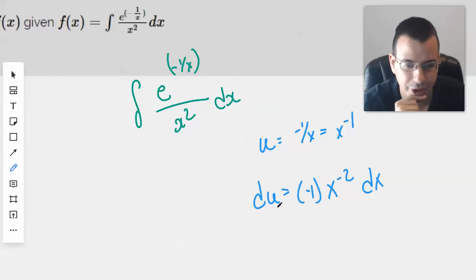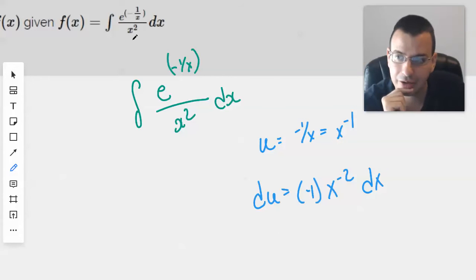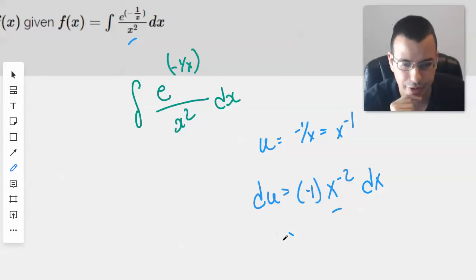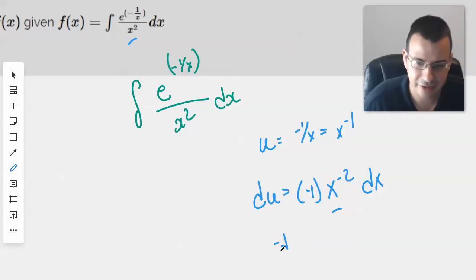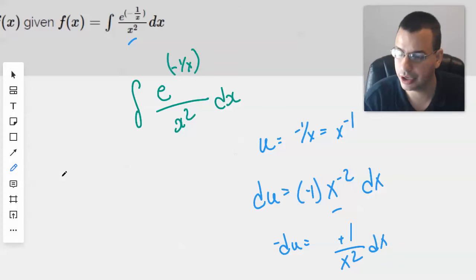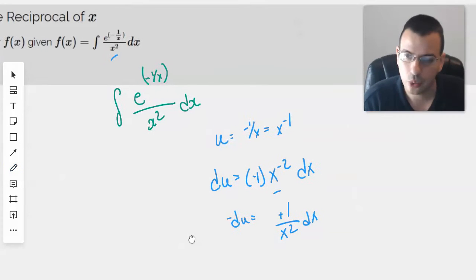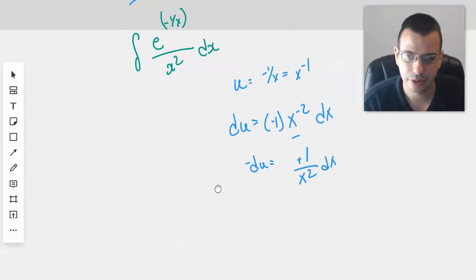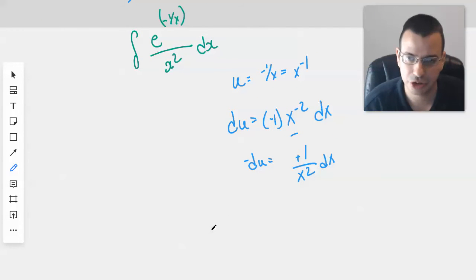Okay. So now we have this, and we want, okay. So we'll have a negative du equals negative, or positive, 1 over x squared dx. Now this is what we wanted. So now we can maybe try and keep most of it in view.